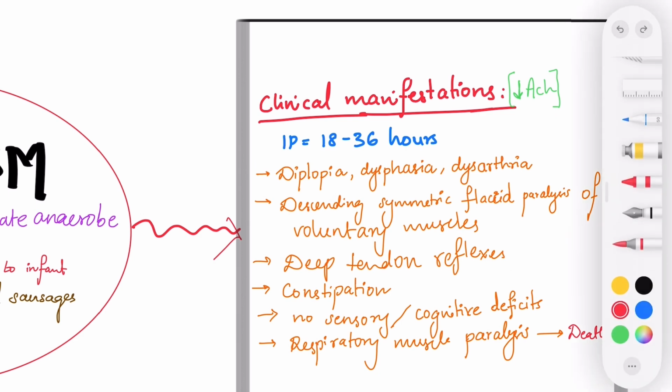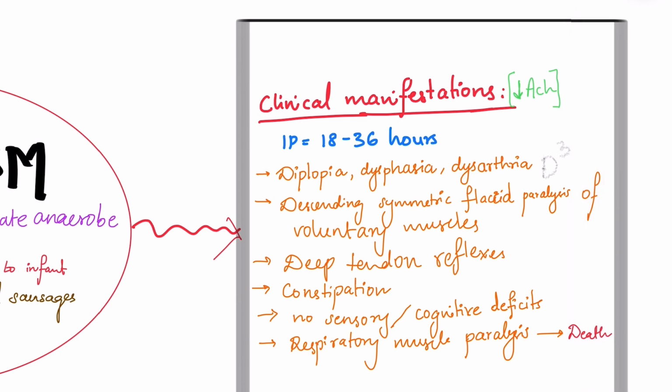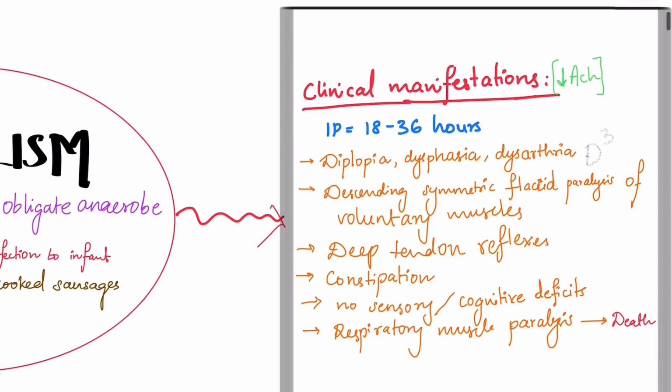You can remember them as D cube. And then descending symmetric flaccid paralysis of voluntary muscles, deep tendon reflexes, constipation, no sensory or cognitive deficits, and respiratory muscle paralysis, which eventually leads to death. These are the clinical manifestations.